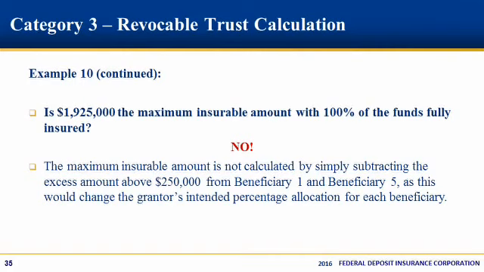The answer is no. There is a common misconception that to eliminate the uninsured amount in this example, you can simply reduce the total deposit by $175,000. The thought is that you are reducing the two specific allocations that exceed $250,000.